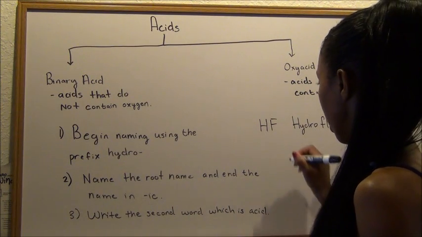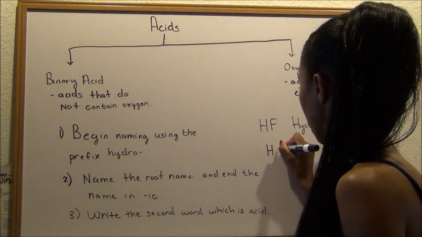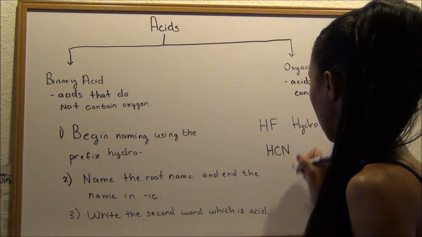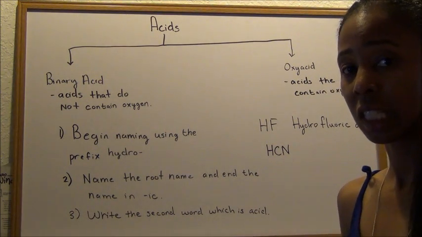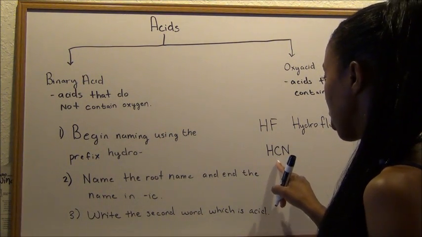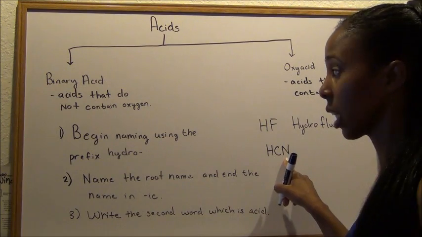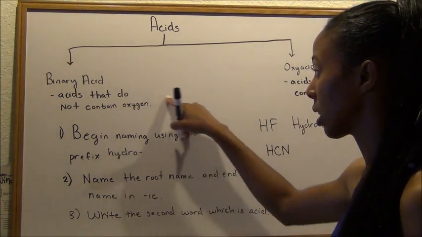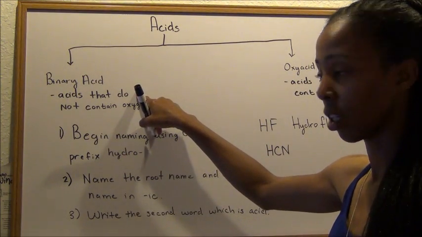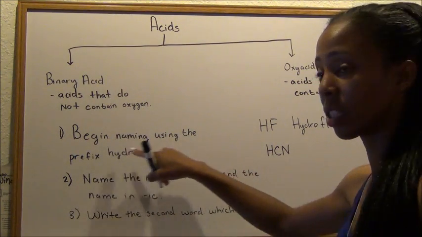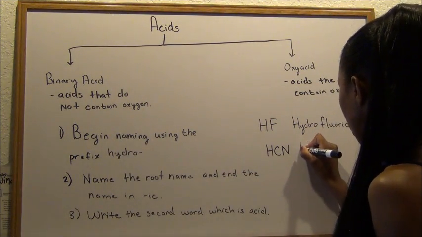Let's try another one. HCN. HCN doesn't contain oxygen, so therefore it is a binary acid. So we're going to begin naming using the prefix hydro.